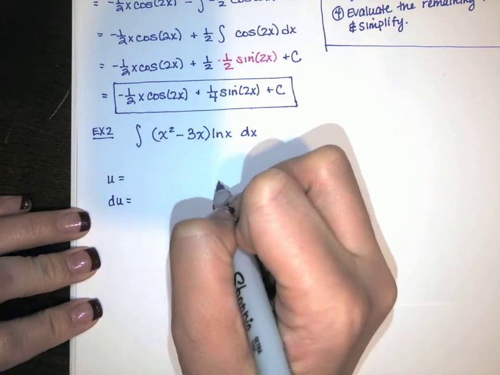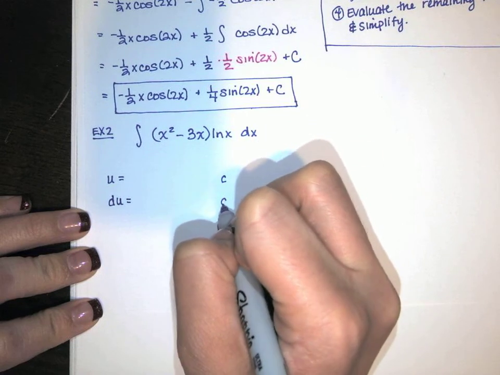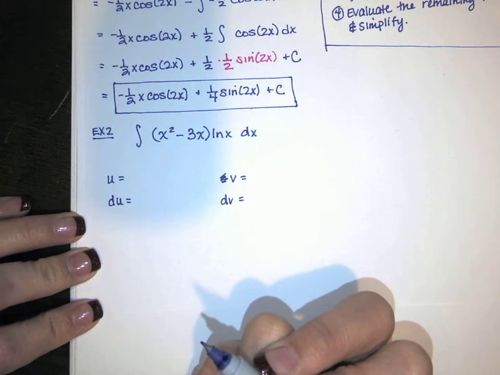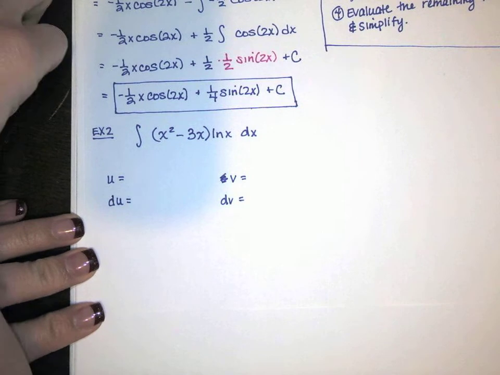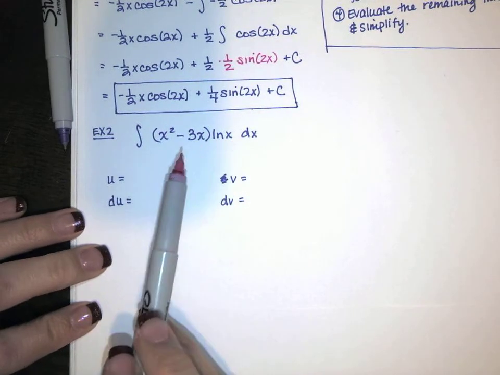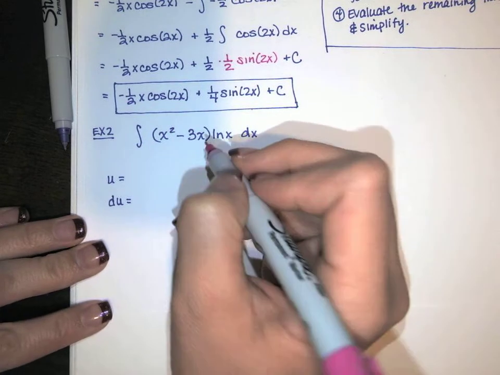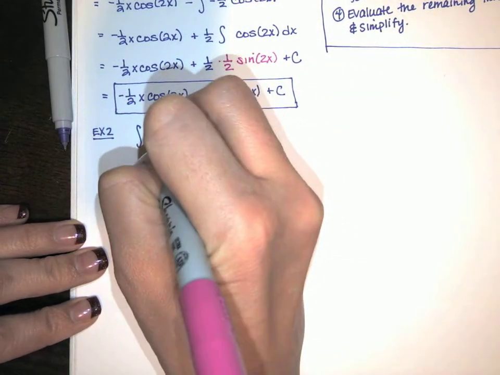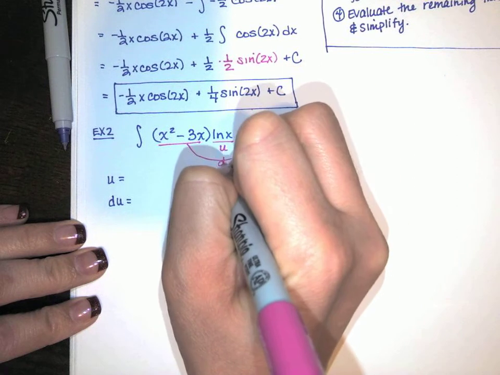Now remember, you want u to be the function with the simplest derivative, and dv to be everything else. Now polynomials are simple, but this one has a natural log in it, so we're going to use our convention. Anytime there's a natural log in your integrand, you want that to be your u. dv is everything else.